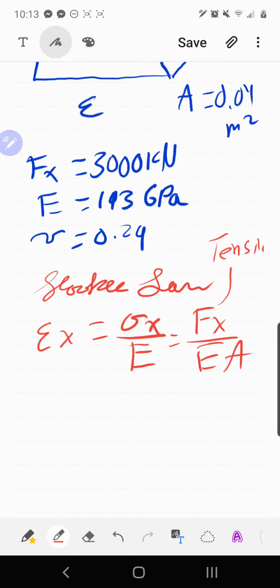Tensile. All right. Oh, I've made a mistake. This is not specific volume. This is Poisson's ratio.